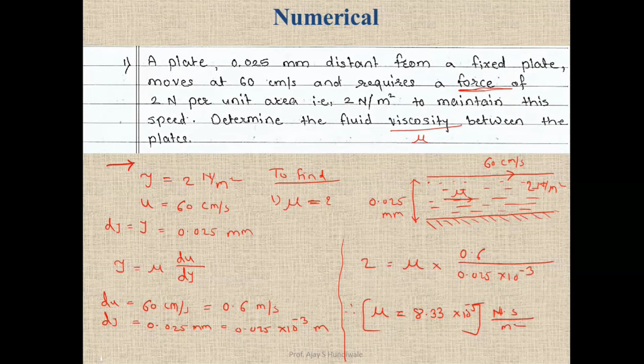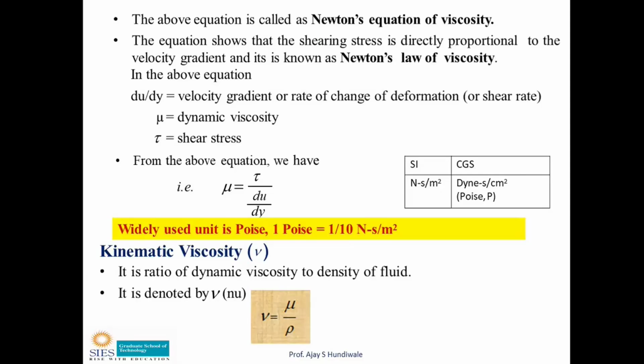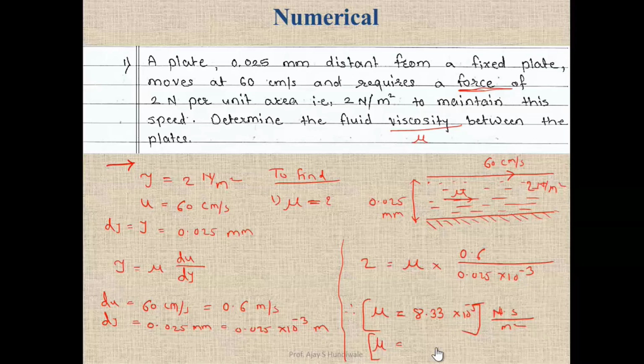If I want to write this in terms of poise, what will be the value of mu? 1 poise is equal to, what was our conversion? 1 poise is equal to 1 by 10 Newton second per meter square. So multiply this by 10, 8.33 into 10 raised to minus 4 poise.